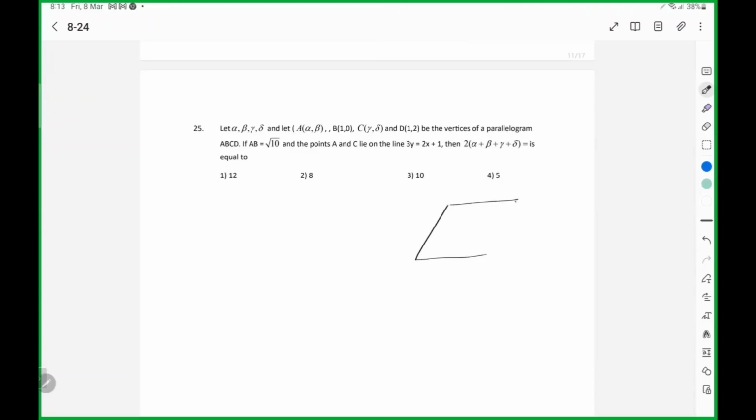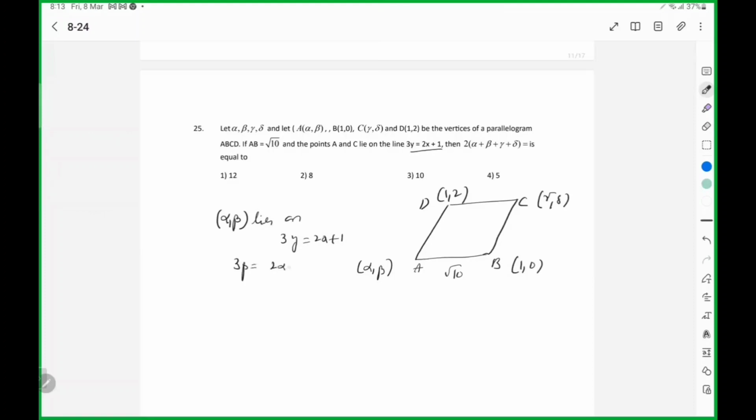These are vertices of a parallelogram ABCD. A coordinates alpha, beta. C coordinates gamma, delta. And the points A and C lie on a line. So alpha, beta lies on it. 3y here is 2x plus 1, so 3 beta is 2 alpha plus 1.